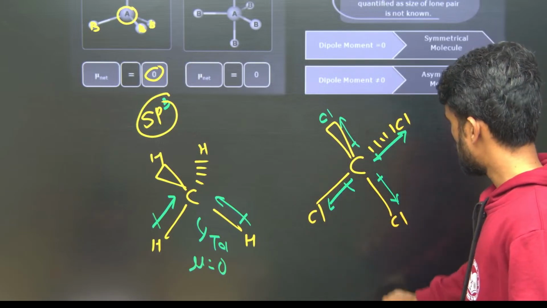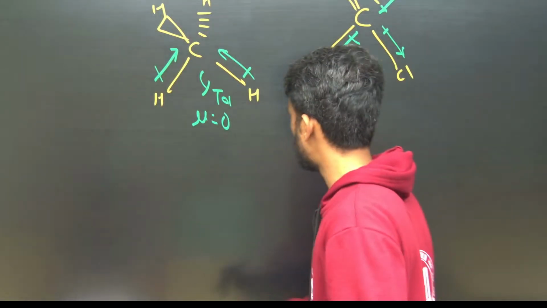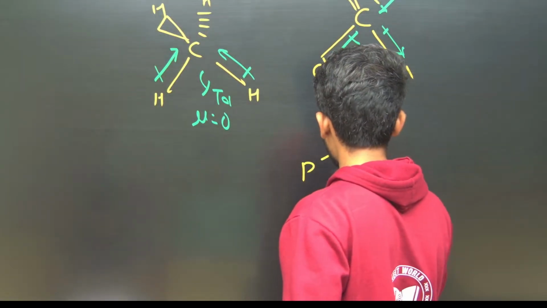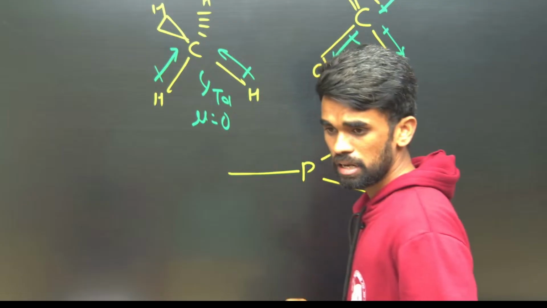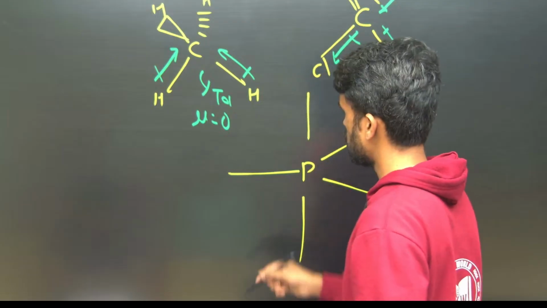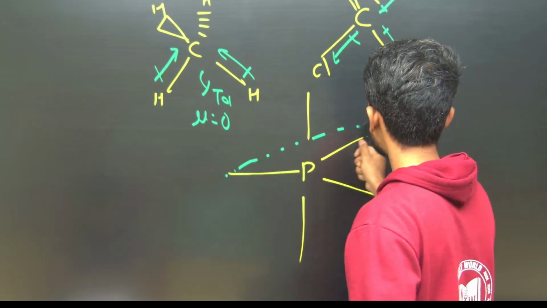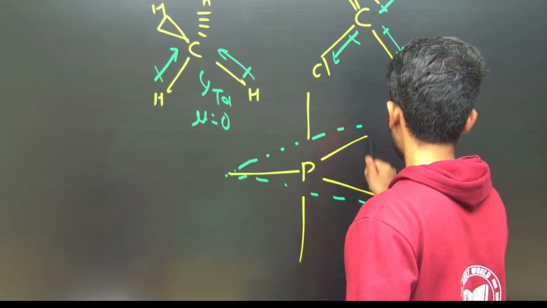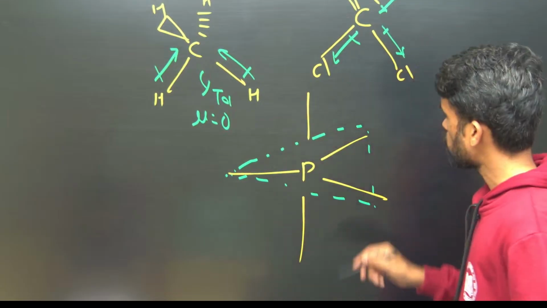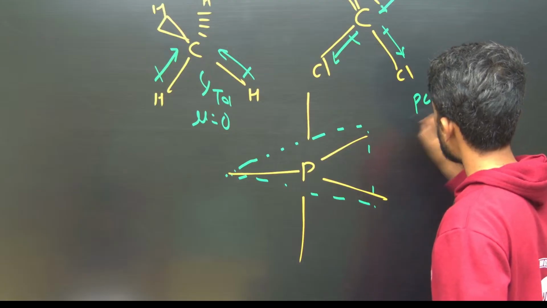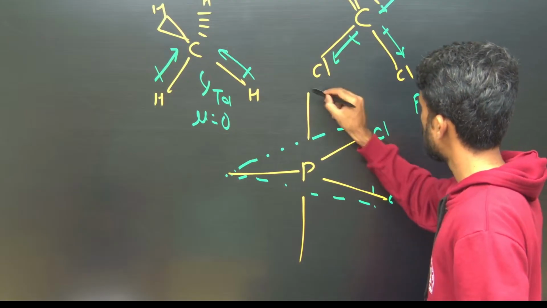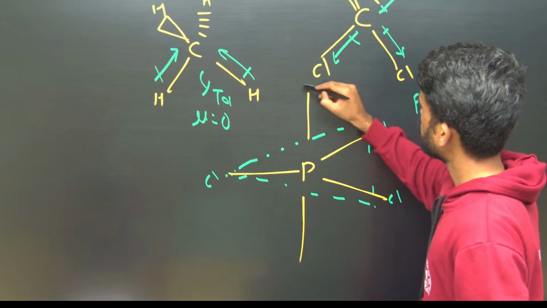Even trigonal bipyramidal, PCl5 is the best example I can give. A trigonal bipyramid looks like this. In PCl5 all these are Cl, and here also Cl.